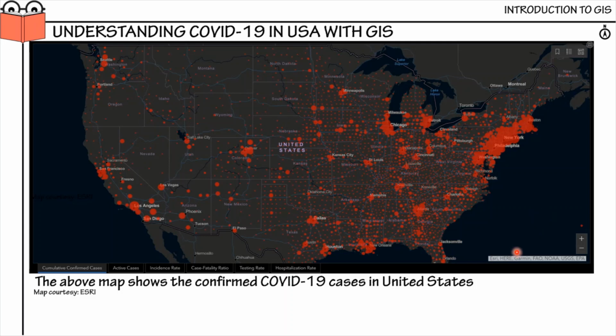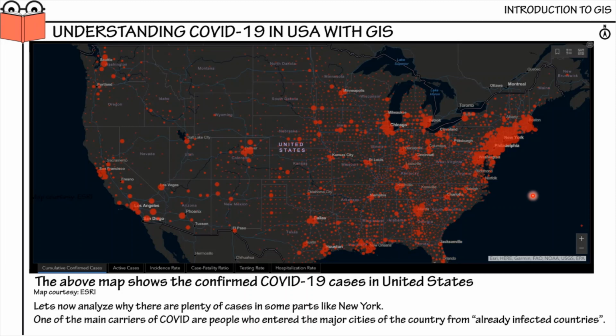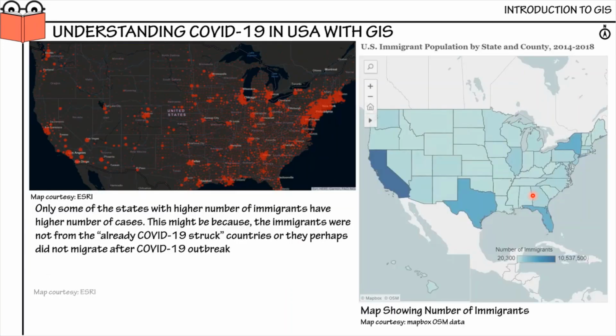So what might be the reason? What do you think is one plausible reason that could have caused such huge outbreaks in some of these huge metropolitans? Probably one reason could be the number of immigrants coming into these places from an already affected country. So shall we compare these two maps? That is the map of the corona outbreak, and that is the immigrants map for the United States.